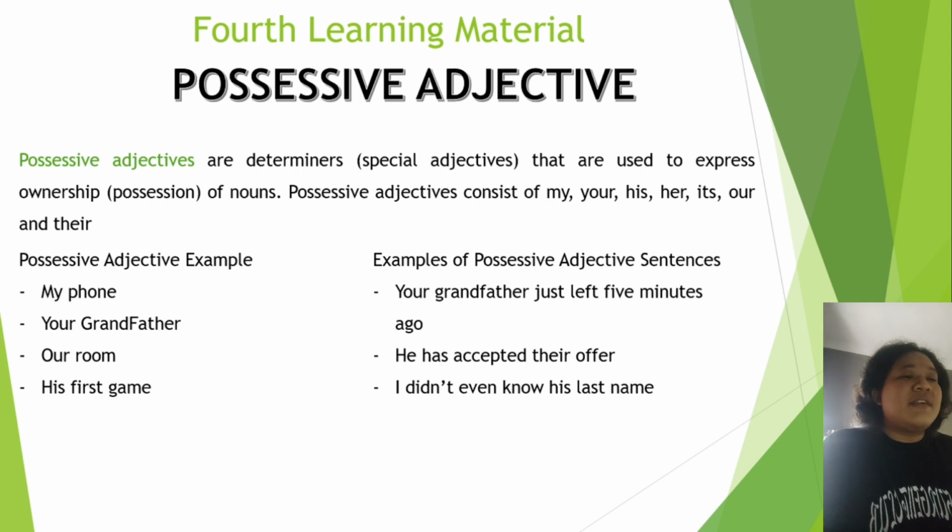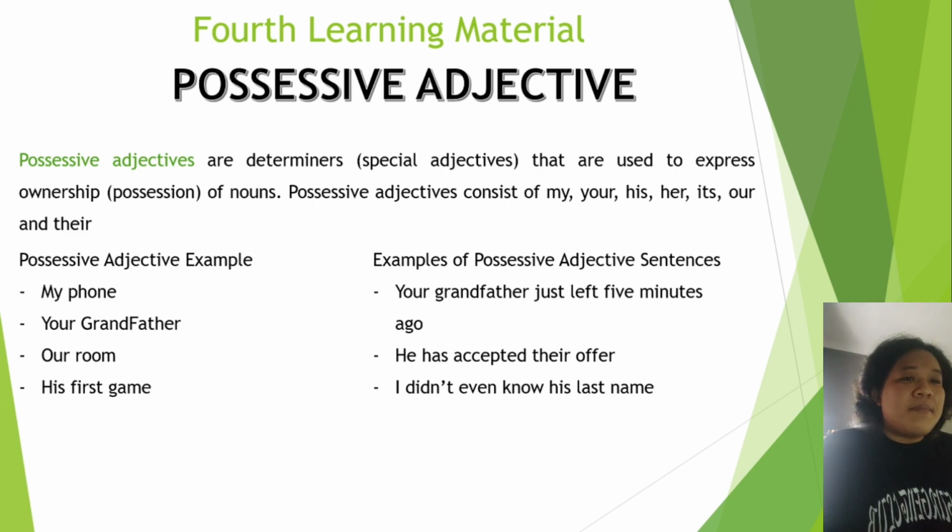Fourth learning material. It's about possessive adjective. Possessive adjectives are determiners or special adjectives that are used to express ownership or possession of nouns. Possessive adjective consists of my, your, his, her, its, our, and their.